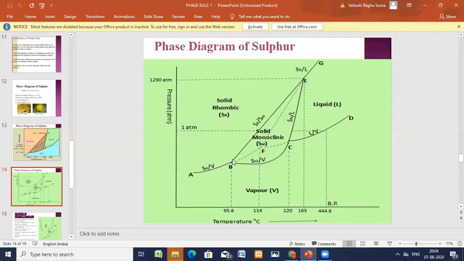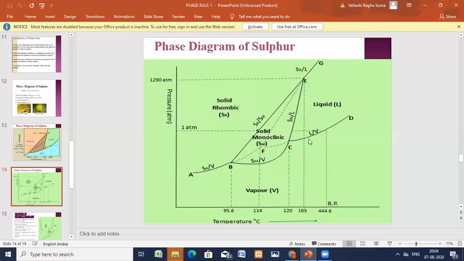Now, on the BE curve, SR is in equilibrium with SM. Rhombic sulfur is in equilibrium with monoclinic sulfur. Now, EG, rhombic sulfur is in equilibrium with liquid sulfur. EC, monoclinic sulfur is in equilibrium with liquid sulfur.